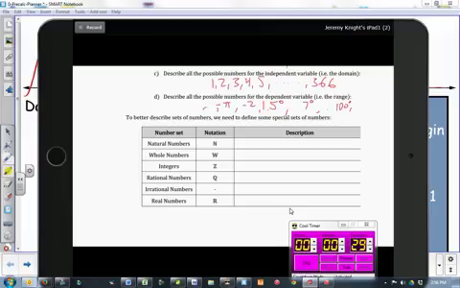Whole numbers are just any number besides decimals.